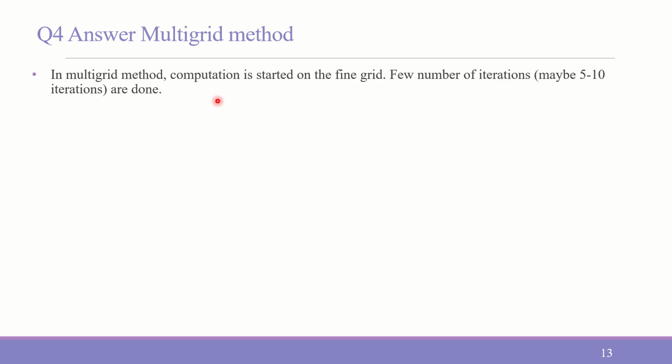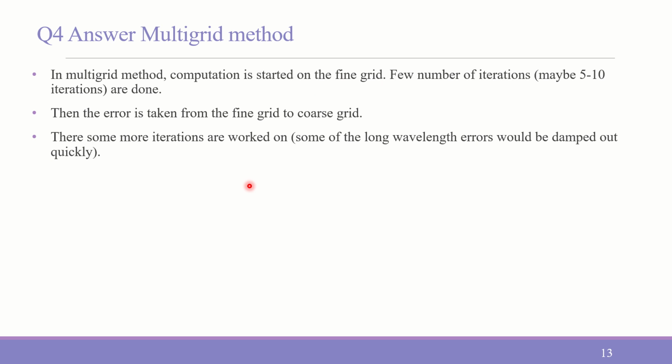So in the multigrid method, computation is started on a fine grid. We perform a few iterations, say 5 to 10, and we move on to the next, comparatively larger grid, the coarse grid. There again we do the error reduction, and some more iterations will be done here.